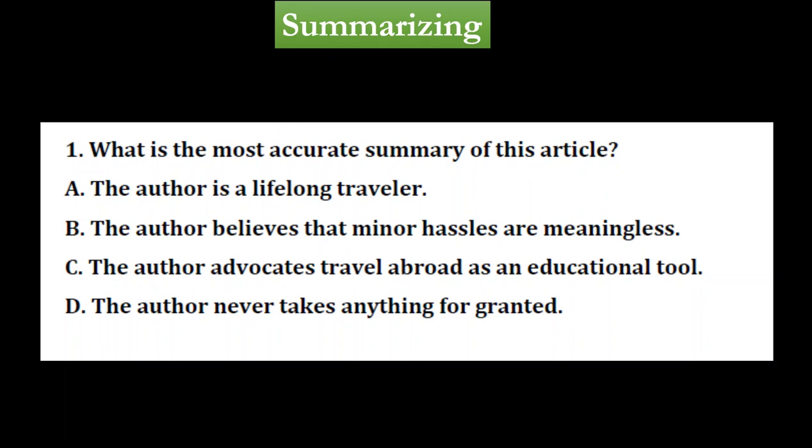The author is a lifelong traveler. This could summarize the text. Or the author believes that minor hassles are meaningless, or the author advocates travel abroad as an educational tool, or the author never takes anything for granted. So we need to understand the text and see which one summarizes the whole passage.